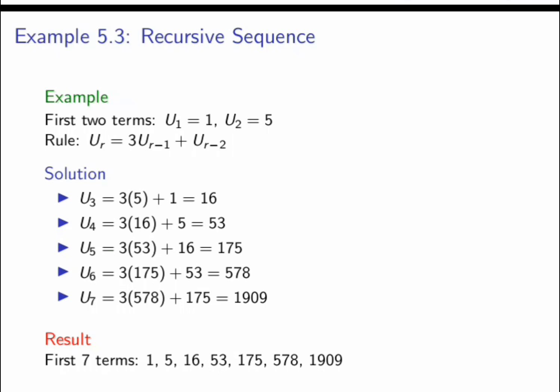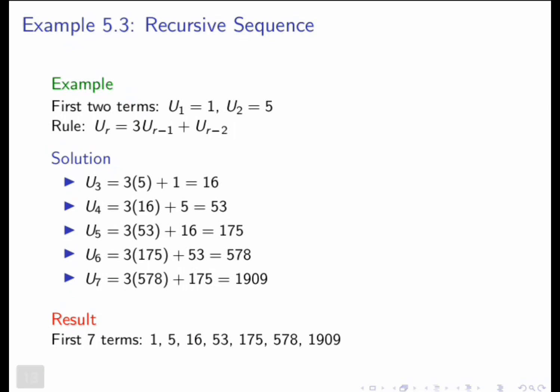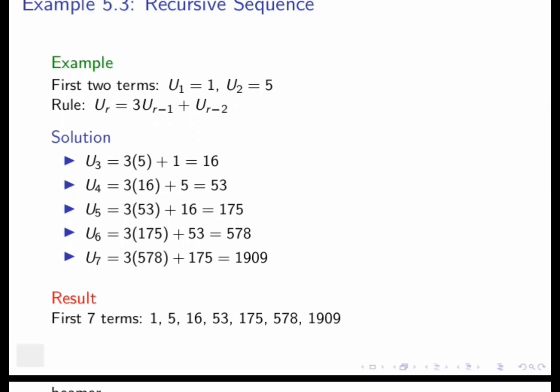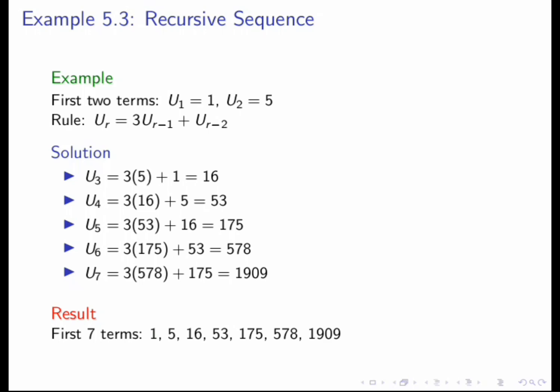By the application of this rule, if u1 is equal to 1 and u2 is equal to 5, then by the application of the formula 3u_(r-1) plus u_(r-2), if you want to find u3, it will be 3 times u_(r-1), where r is equal to 3. So when r is equal to 3, you'll have u_(3-2) plus u_(3-1).